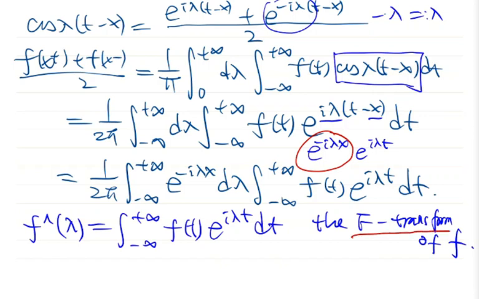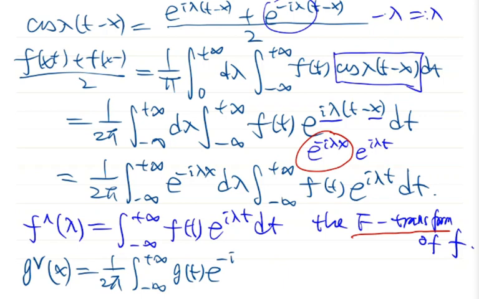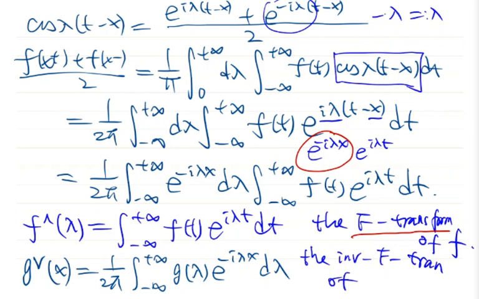Okay, and given a function g, we also call the integral of g(lambda) exponential minus i lambda x d lambda the inverse Fourier transform of g.